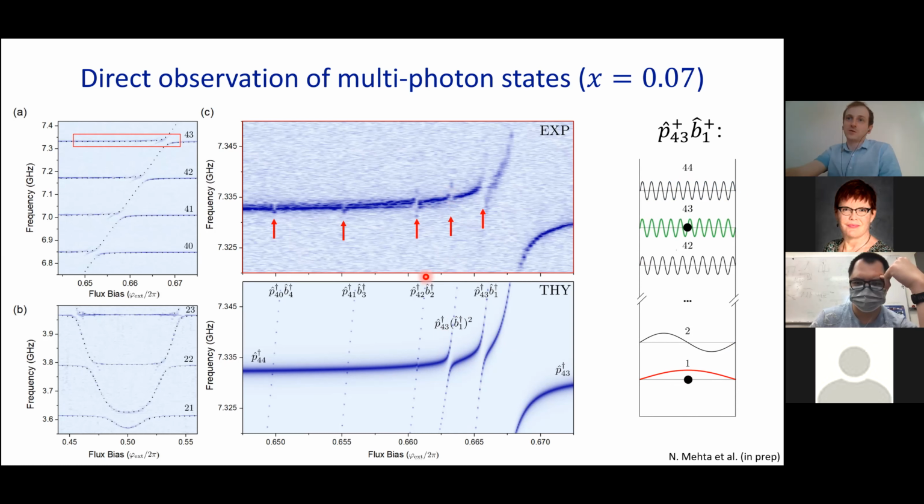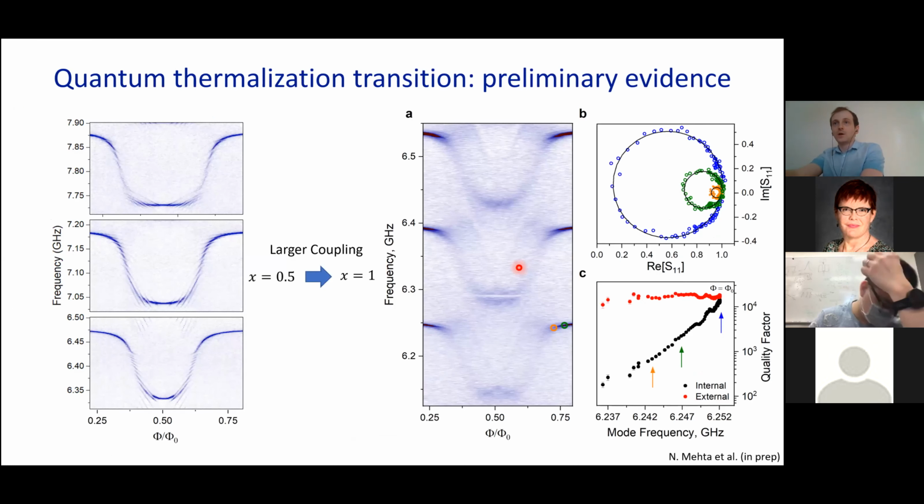This one is polariton number 42 and one photon in mode 2, and so on. So those are those multiphoton states which I talked about before, but now you can directly see how they cross with transmission line modes.